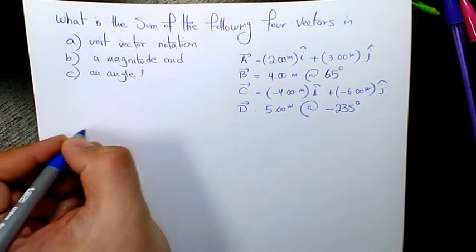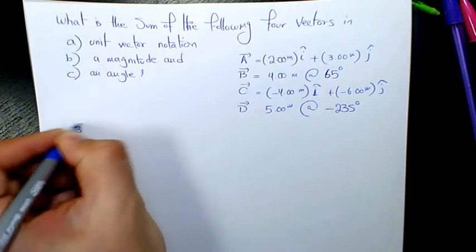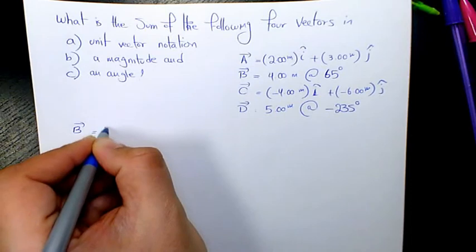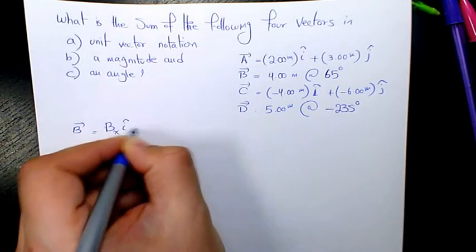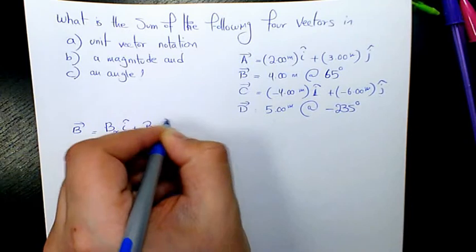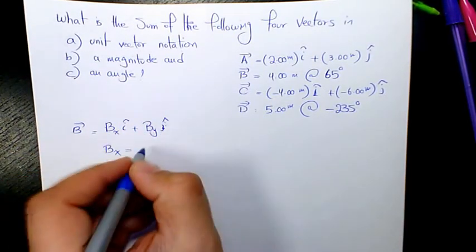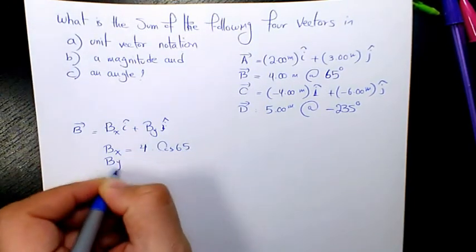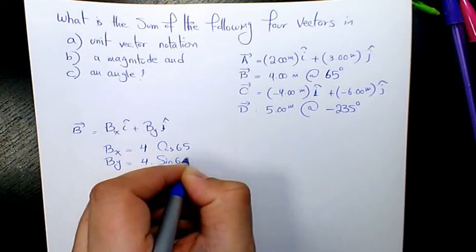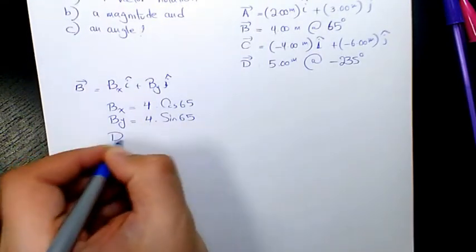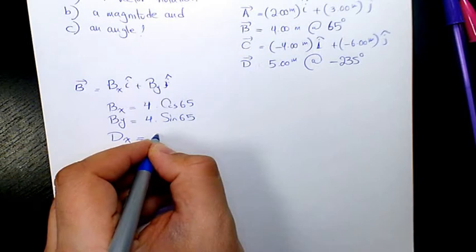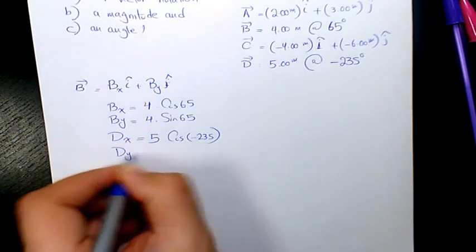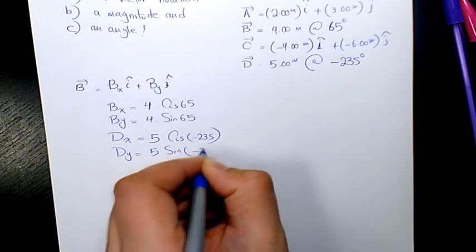So for first of all, let's find out B and D. B we can say is going to be equal to Bx i plus By j. Bx equals B times cosine 65. By is going to be 4 times sine 65. Dx equals 5 cosine negative 235, and Dy equals 5 sine negative 235.